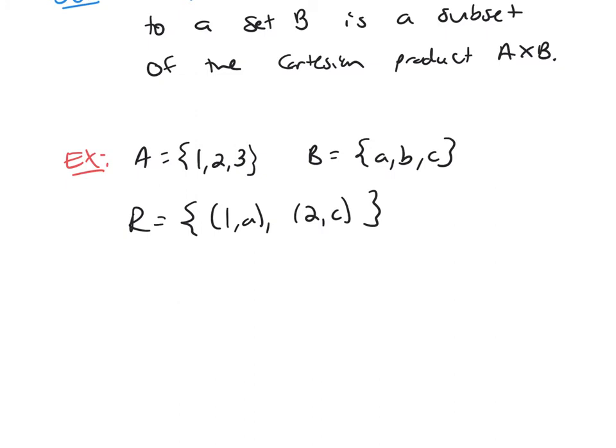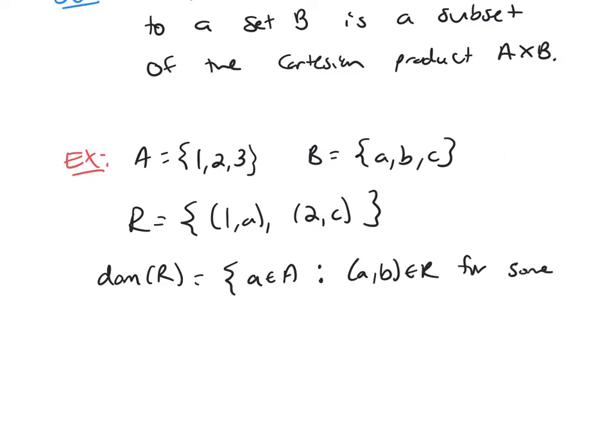And from here we talked about the domain of a relation. It's all the first coordinate entries you have, the elements a where (a,b) is in R for some b. So for example here, the domain of R would be 1 and 2.